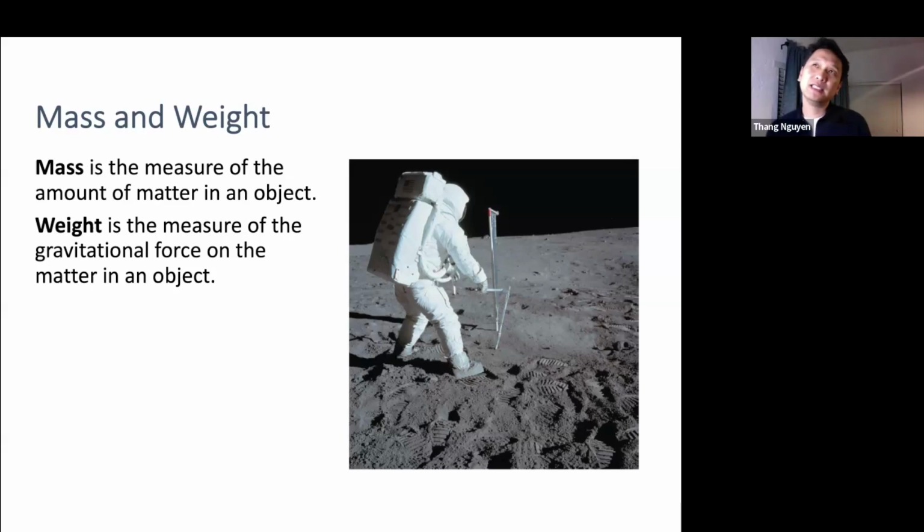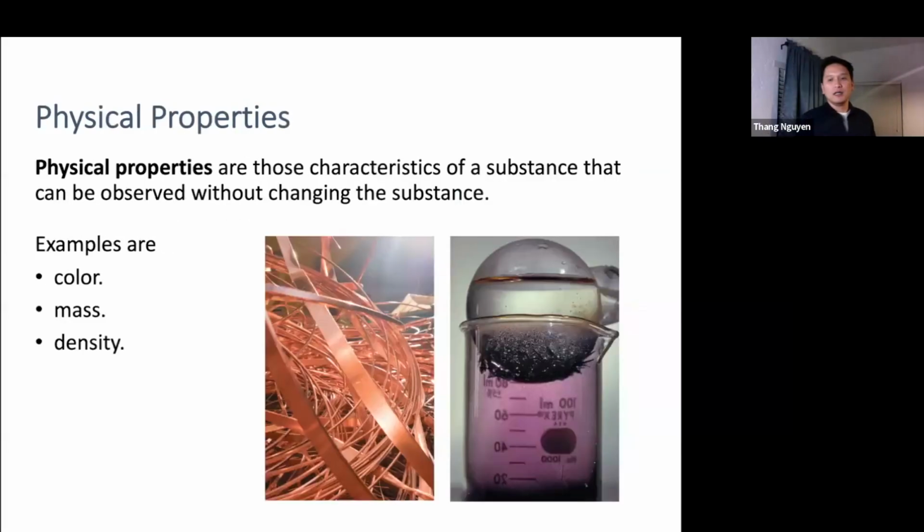So basically, weight is how we see mass depending on our atmosphere. For example, mass will not change, but your weight will be different on Earth versus on the moon. Oftentimes we use these words interchangeably, but do know the difference between mass and weight.